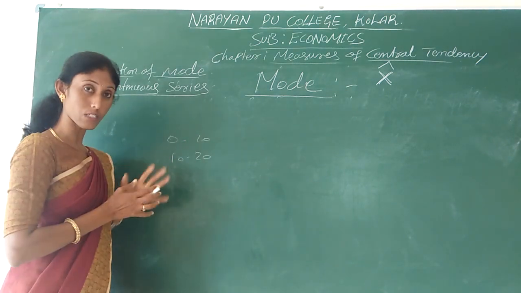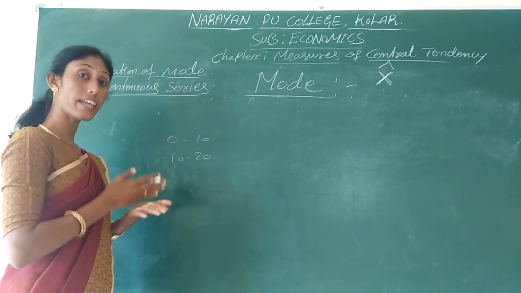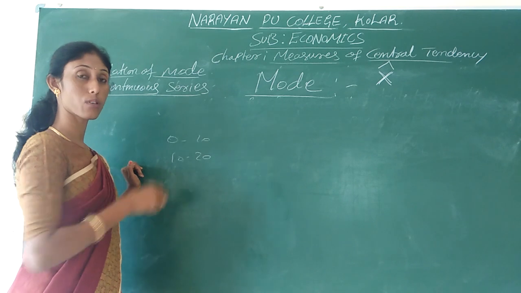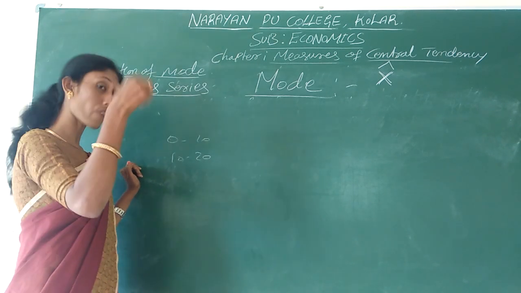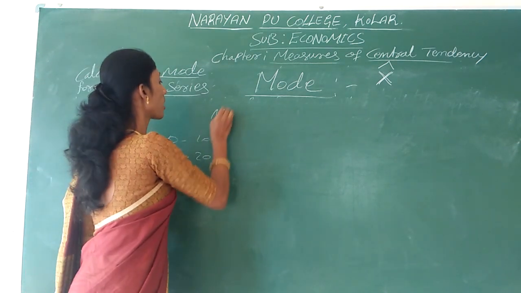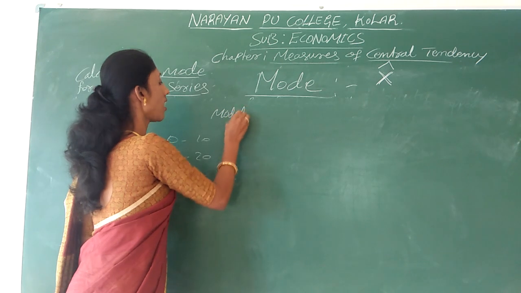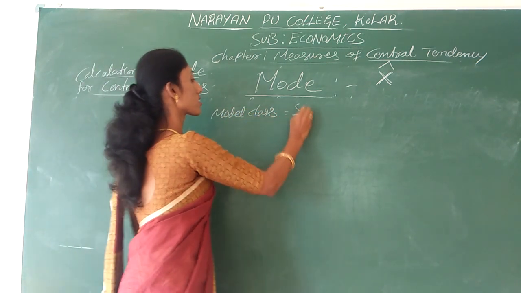In between these class intervals, we need to find out the exact mode. We will have a separate formula for that, and to find out the mode class, the formula is the same.